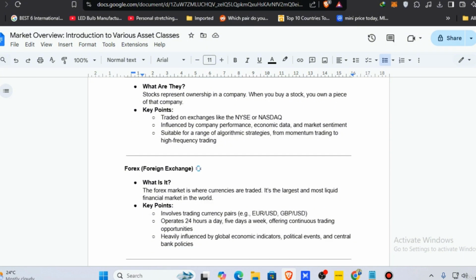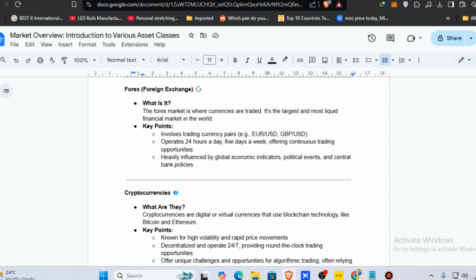Then there comes Forex. What is it? Forex is simply currencies of different countries, and you can trade with the dollar, and their comparison is always taken with the USD. Why? Because USD is the most powerful, and if USD is getting more powerful, then euro will drop, and if euro is increasing, then USD will decrease, and most of the time the US dollar is getting weaker and GBP and euro are getting stronger.